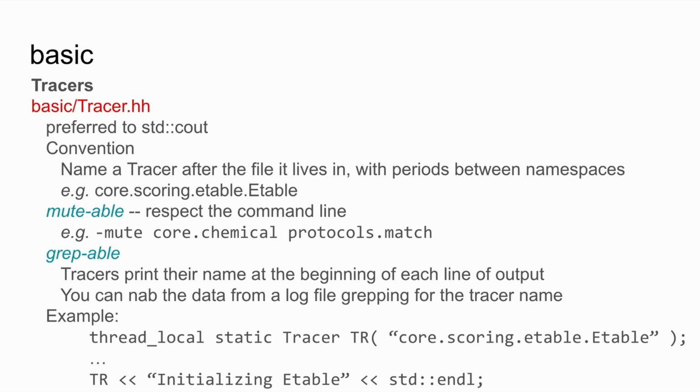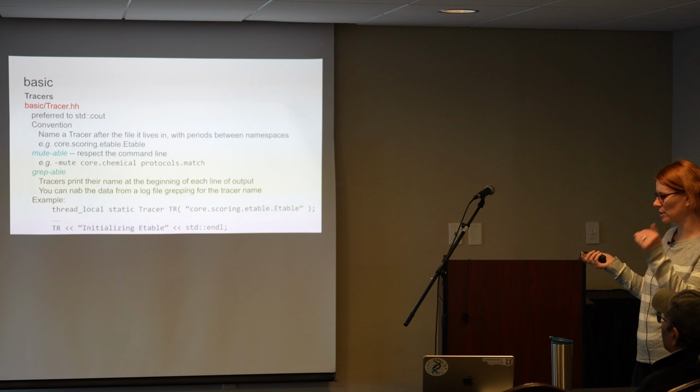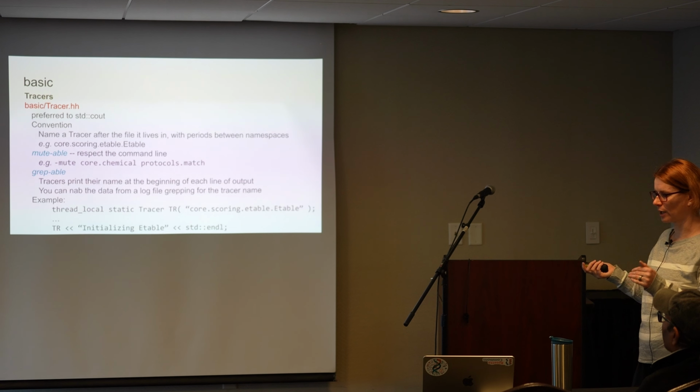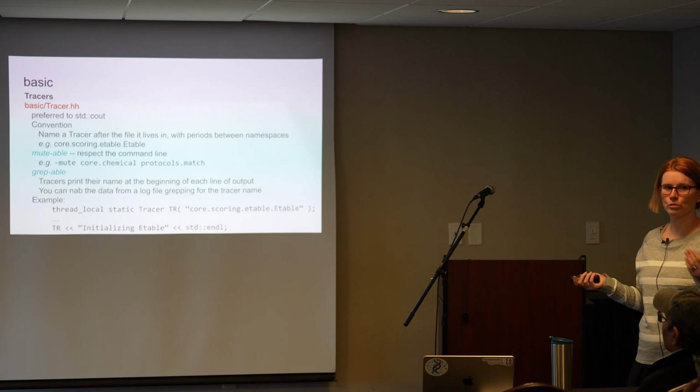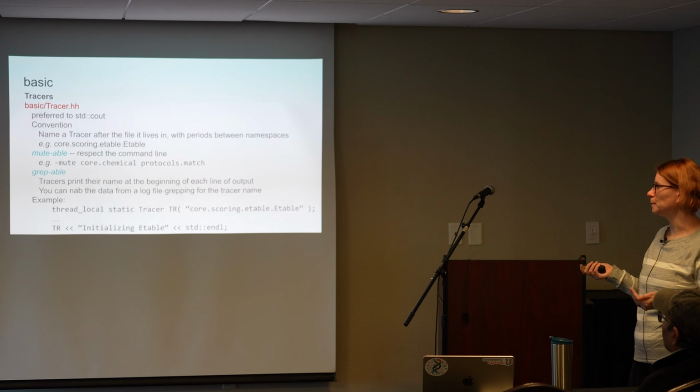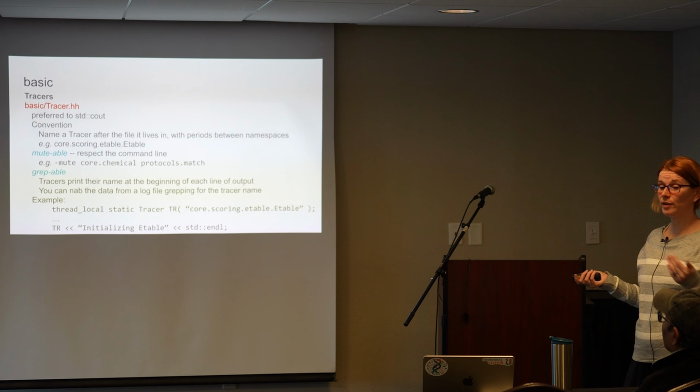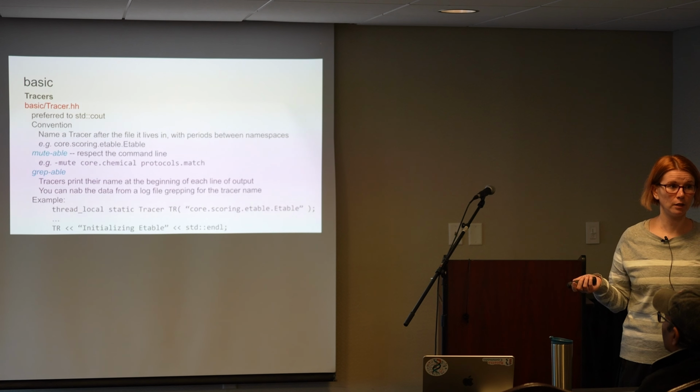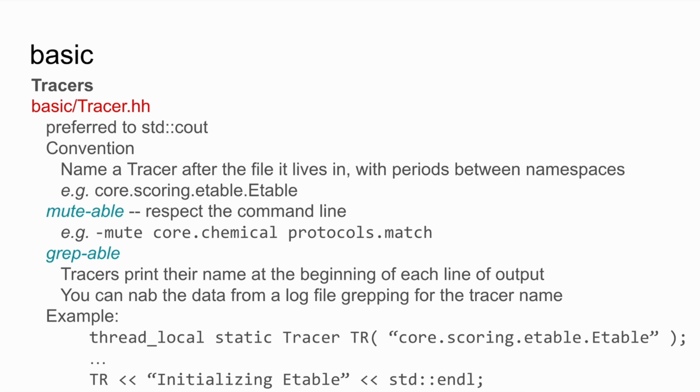First of all, they are mutable, basically we can mute them. You can mute the tracers. That means in your log file, they don't show up. But if you want them to show up in your log file, if you want to debug something, you can have them in there.